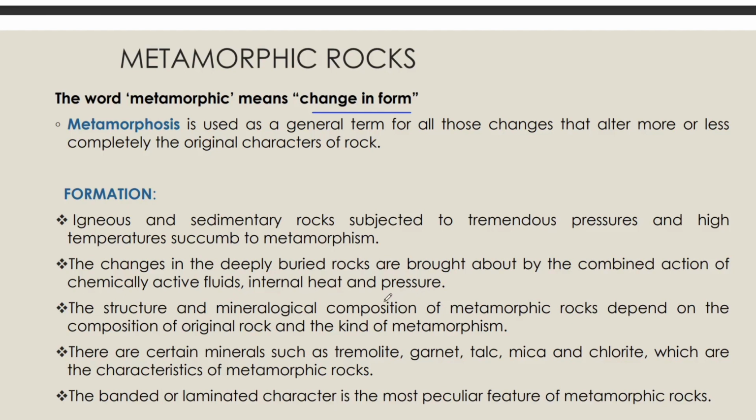The structure and the mineralogical composition of the metamorphic rocks depend on the composition of the original rock and the kind of metamorphism. Mainly, if any rock has a lot of silica, then after metamorphosis it may also contain silica in a good amount, because the original rock has that characteristic.